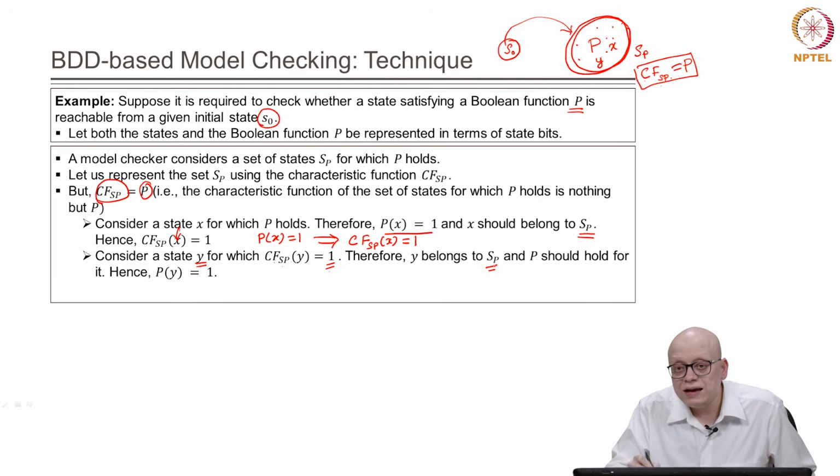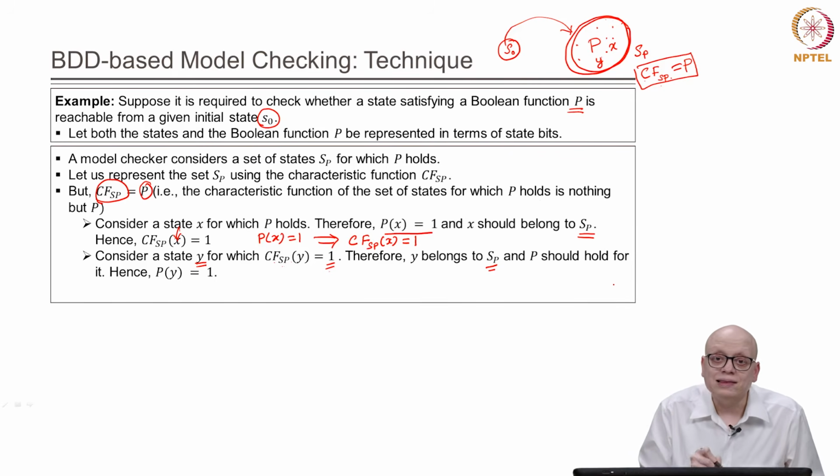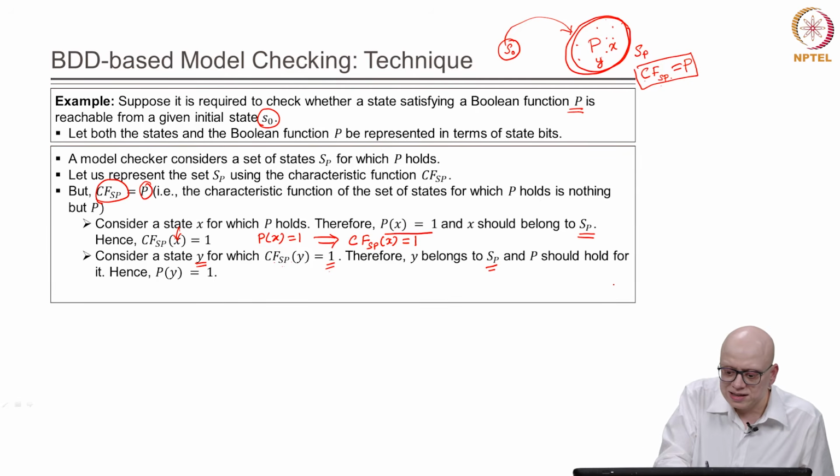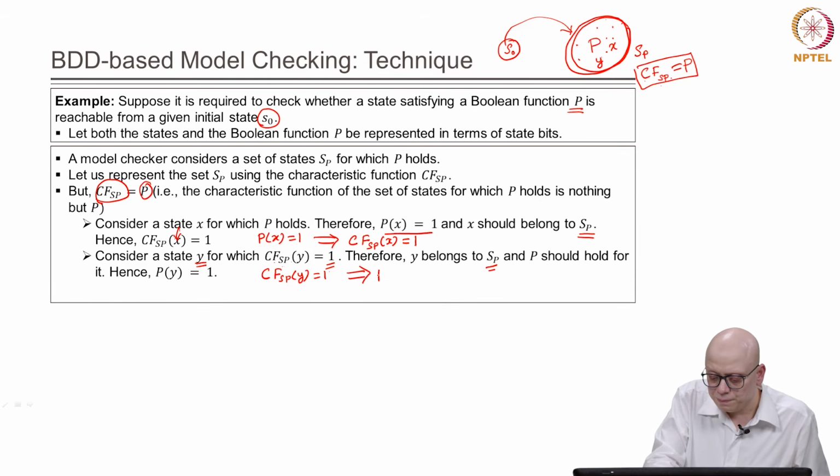And if it belongs to SP, then P should also hold for it, and therefore P(y) must be equal to 1. So, essentially CF_SP(y) equal to 1 implies that P(y) is equal to 1.